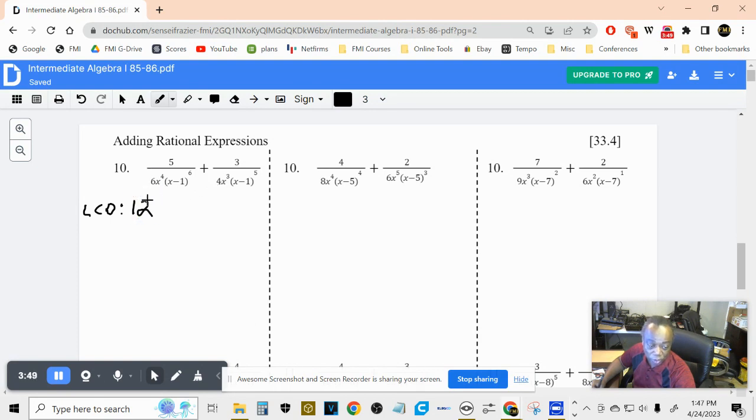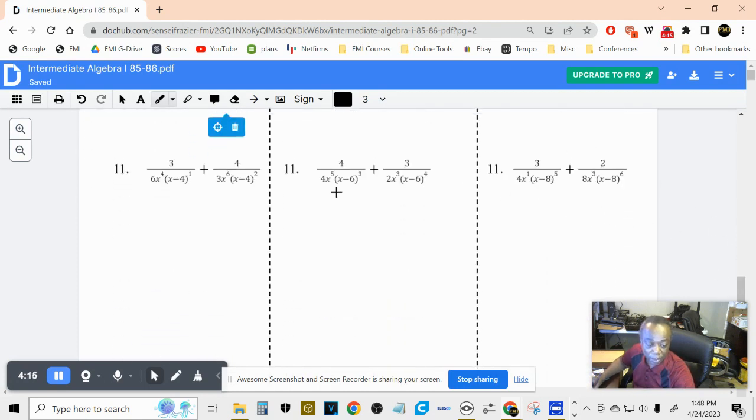The larger of the two will be the x to the 4th, so I'll use that one. Okay, x minus 1's. We got 6 of them here and we have 5 of the x minus 1's there. Well, the larger of the two is the x minus 1 to the 6th power. So we're going to use that one, x minus 1 to the 6th power. And we're done. We found the LCD.